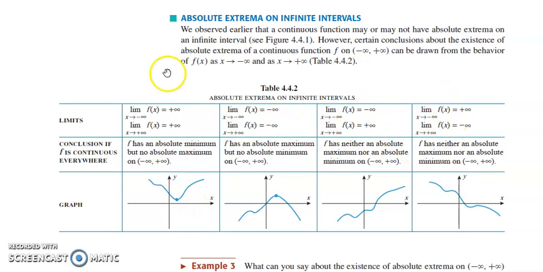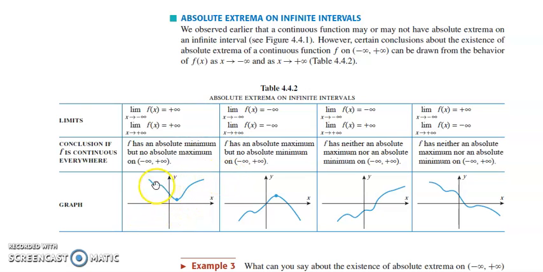So we will be seeing functions where the limit as x tends to minus infinity of f of x can be equal to plus infinity. As x approaches infinity, the function can go to infinity.